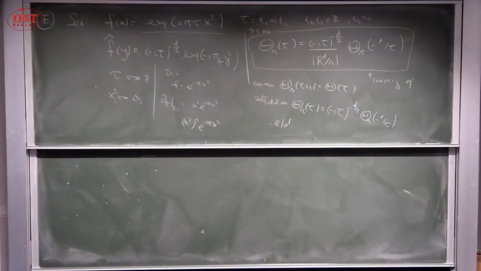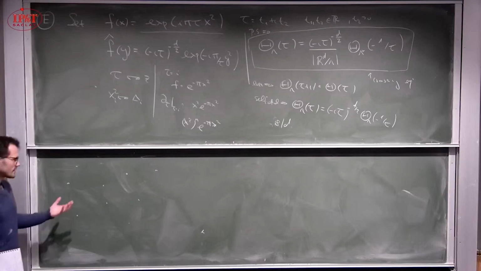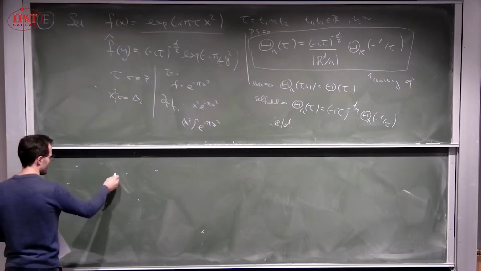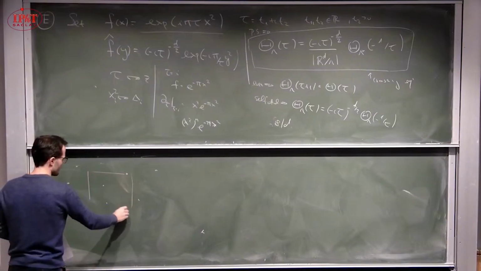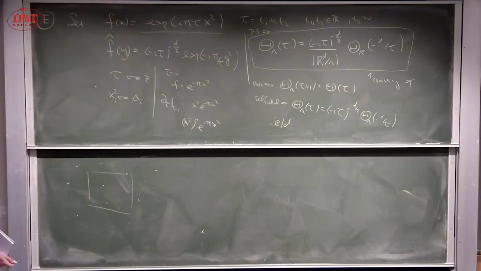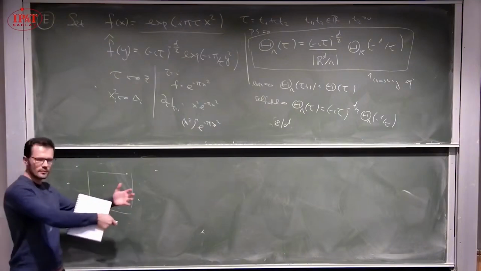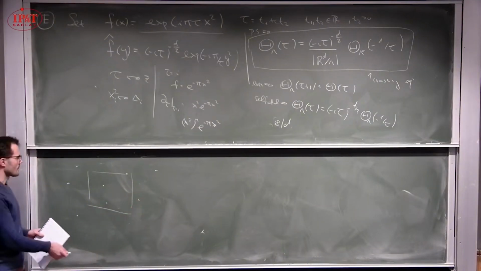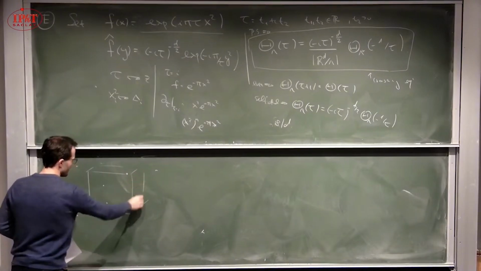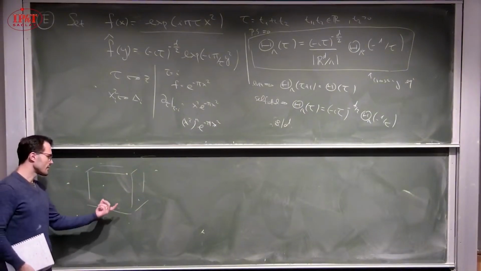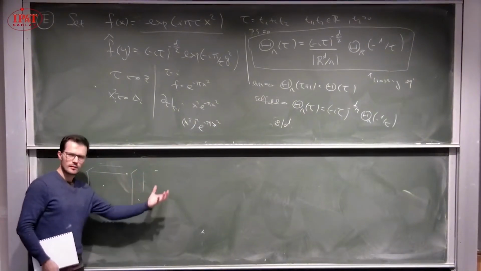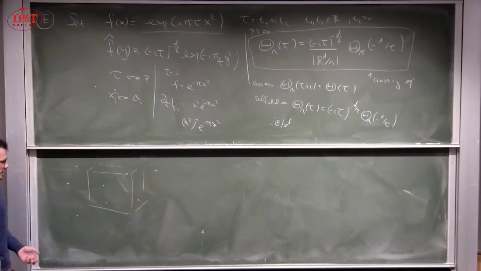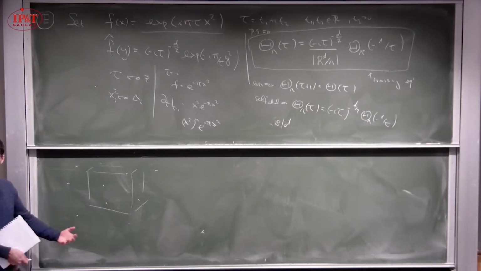I can construct a sequence of periodic packings whose density gets arbitrarily close to the density of the random thing just by taking some very large box and periodically repeating it. I define a new packing which consists of all the points inside the box, periodically repeated by stacking the box. By making the box larger and larger, the density of this new periodic packing becomes closer and closer to the density of the original packing.